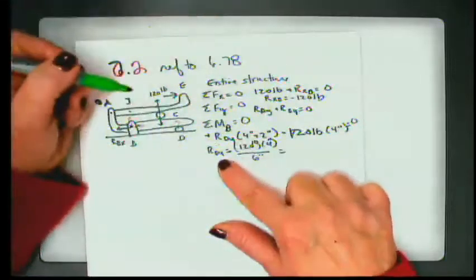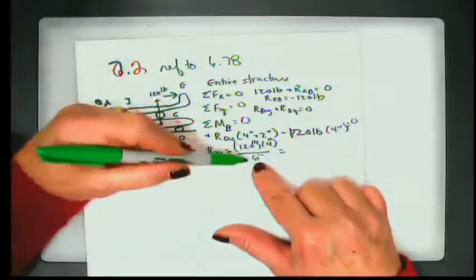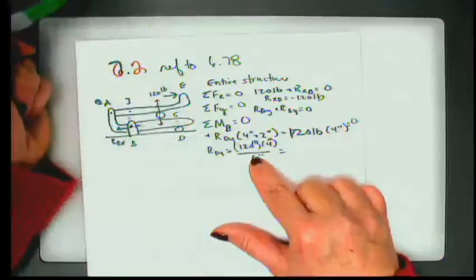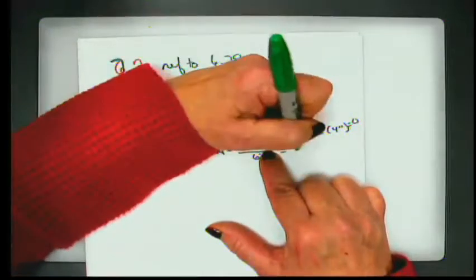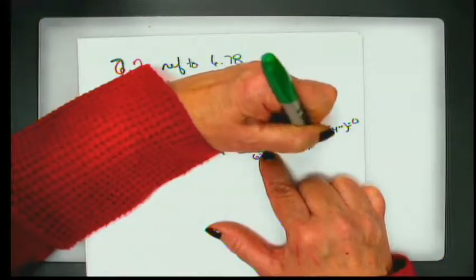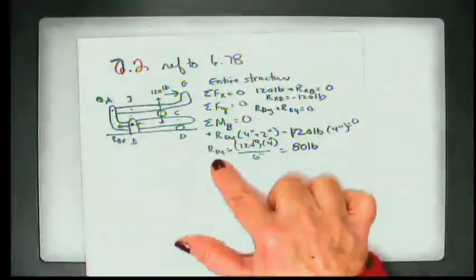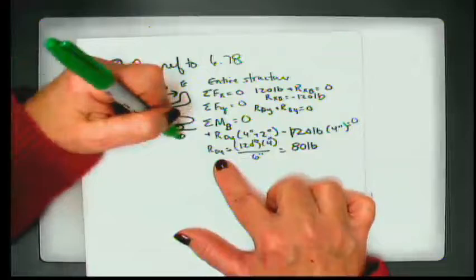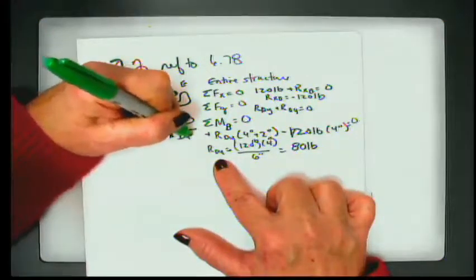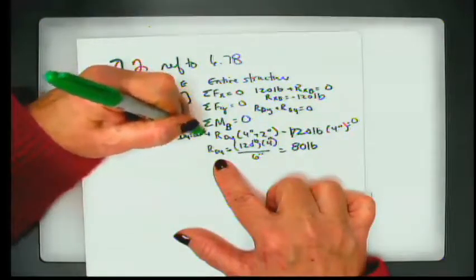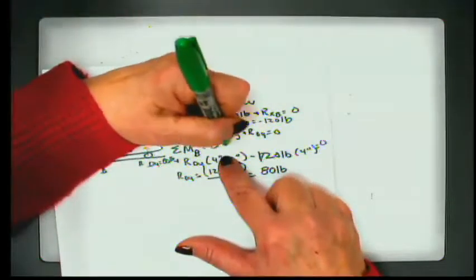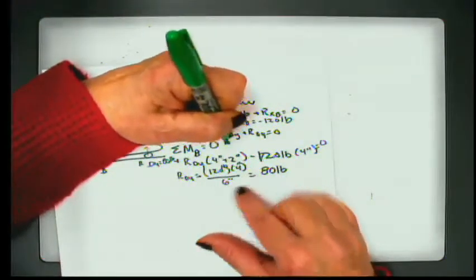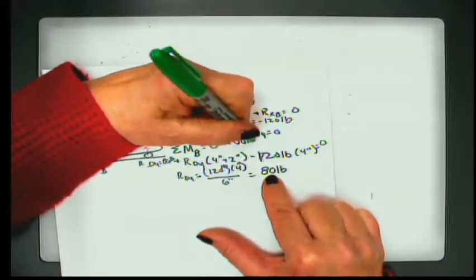And I get that my R_Dy is, well, if I take 120 and divide it by 6, that's 20, isn't it? 20 times 4 is 80 pounds. So my reaction at D in the Y direction is equal to 80 pounds, which means that my reaction at B in the Y direction is a positive 80 pounds.